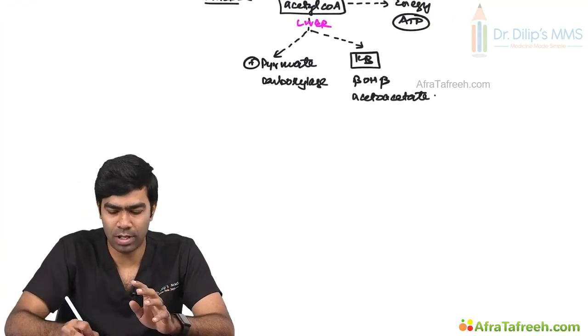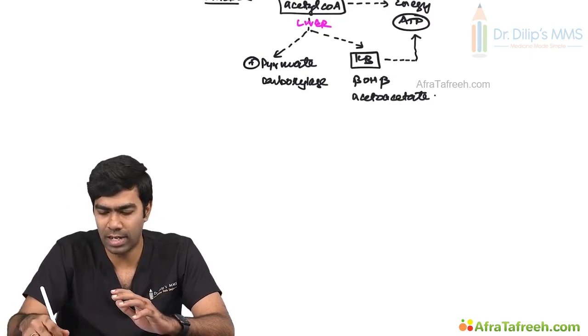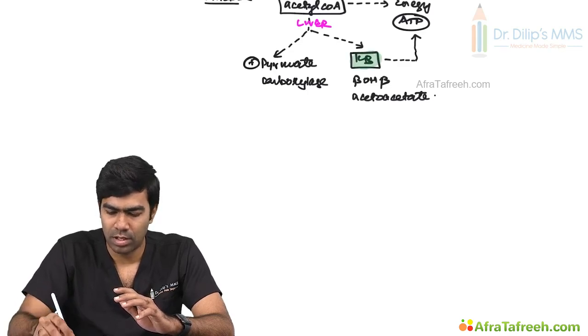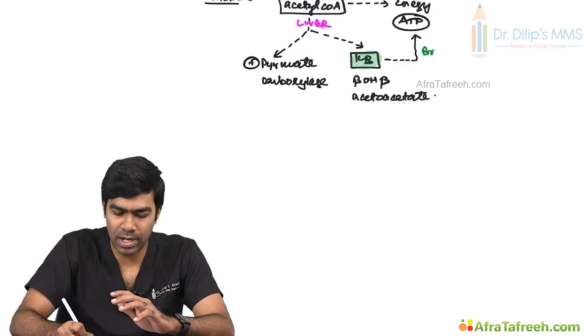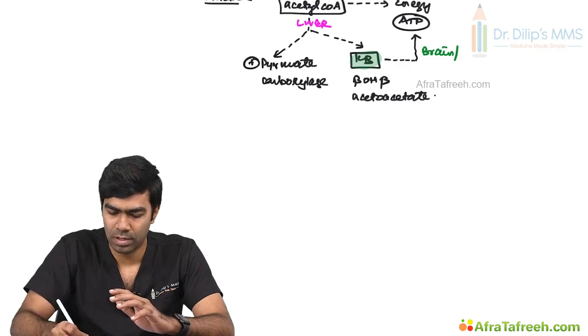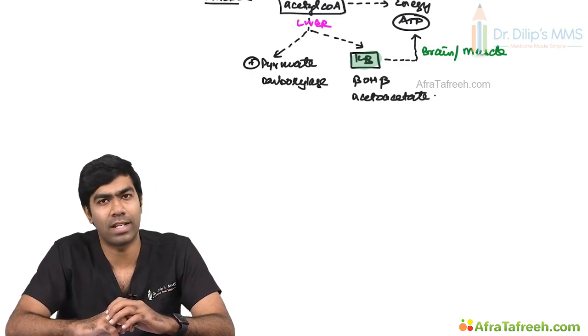But once ketone bodies are formed, these ketone bodies can be used as a source of alternate fuel by certain organs. Like for example, the brain and for example, the muscle can utilize these ketone bodies as an alternate source of fuel at extreme states.